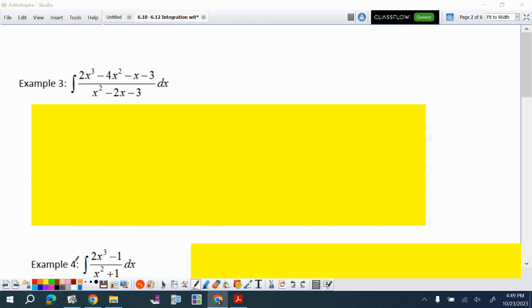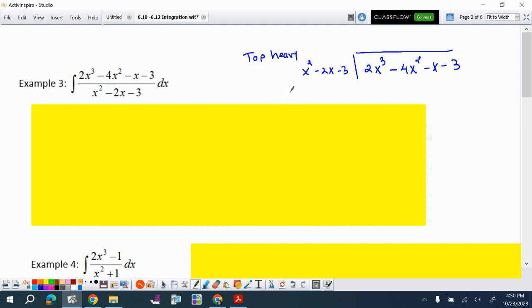Okay, so let's take a look at another example where the denominator has a lower degree than the numerator. If you recall, again in pre-calculus, when you have a top-heavy fraction, we are supposed to do the division: 2x cubed minus 4x squared minus x minus 3, divided by x squared minus 2x minus 3. I'm teaching you one more time how to do the long division.